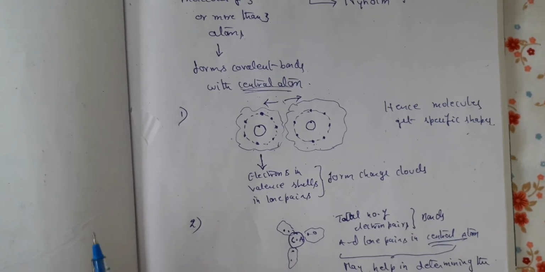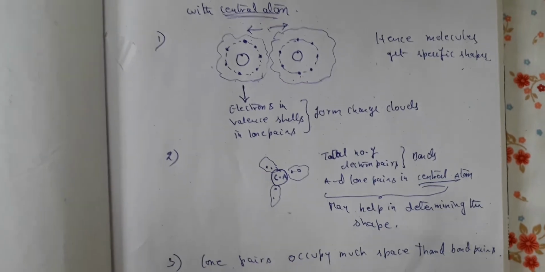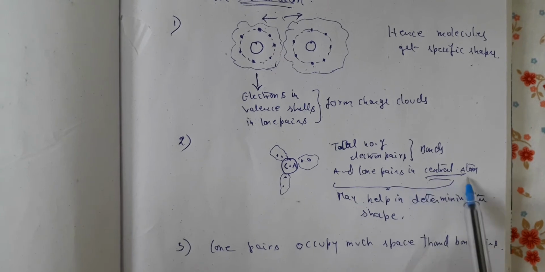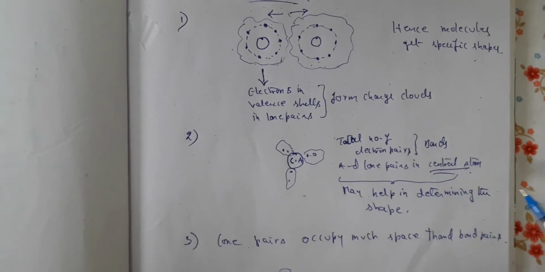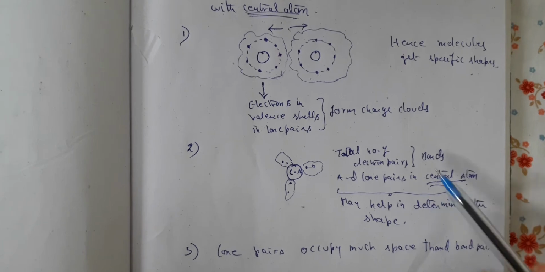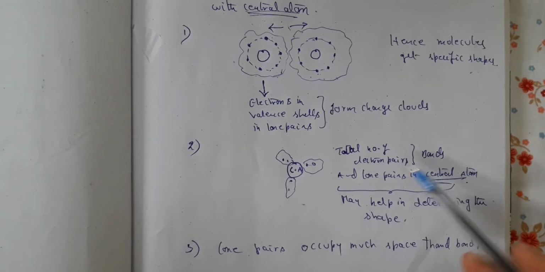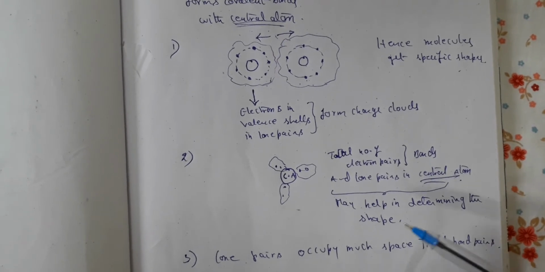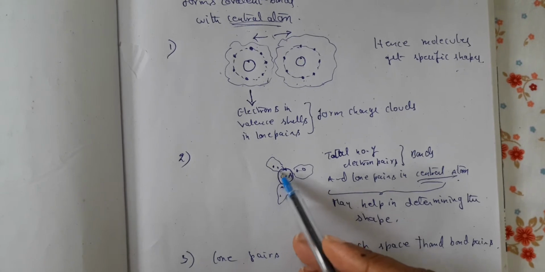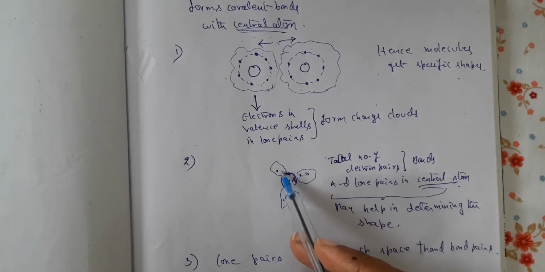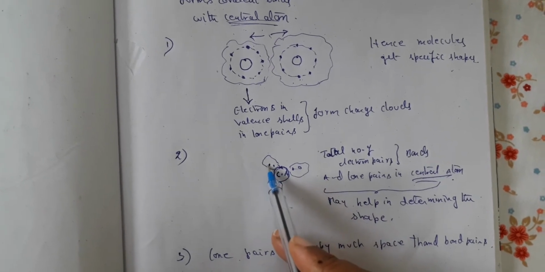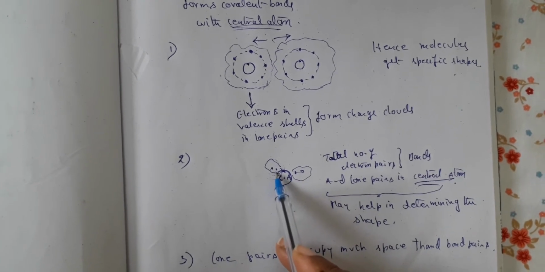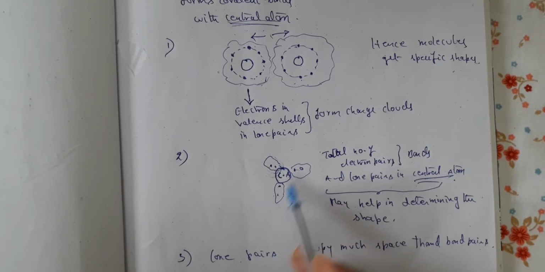Then the next postulate is that the total number of electron pairs and lone pairs in the central atom are the ones that have significant behavior in forming the angles. See, we have a central atom. When this atom contributes one electron and the other also contributes an electron, we have bond pairs.